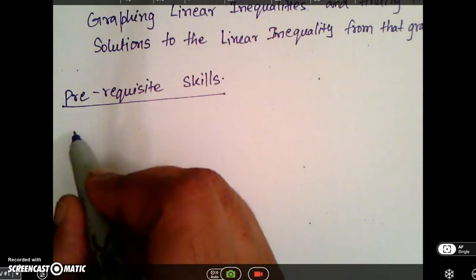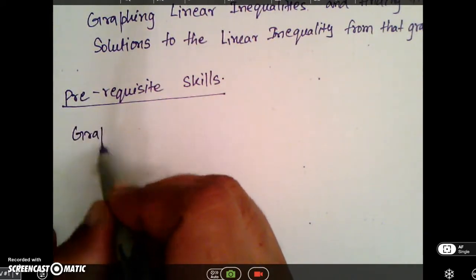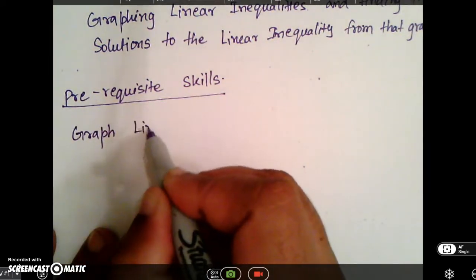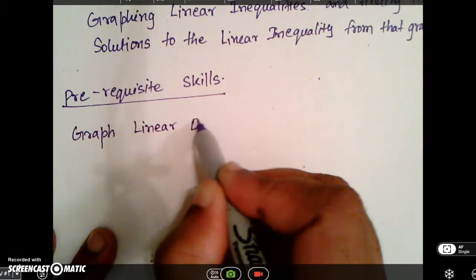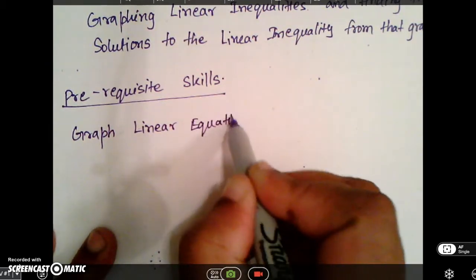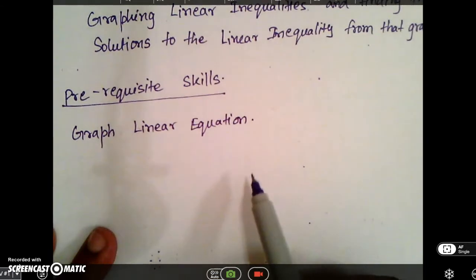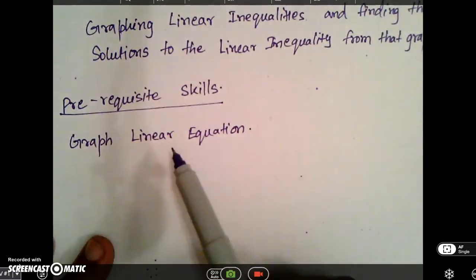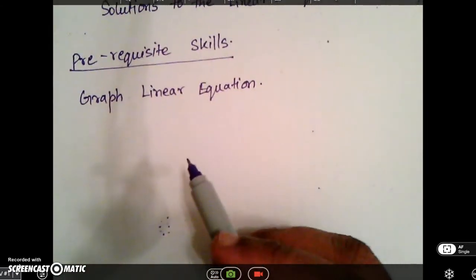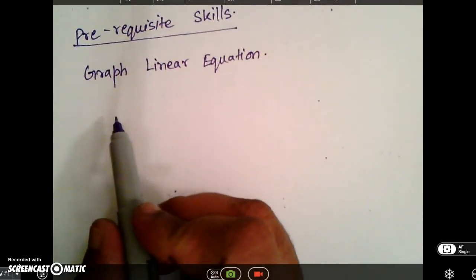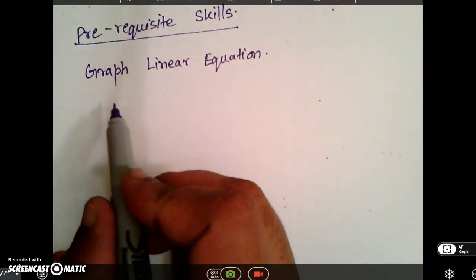The one that we need to know is how to graph a linear equation. So we're going to look at how to graph a linear equation.